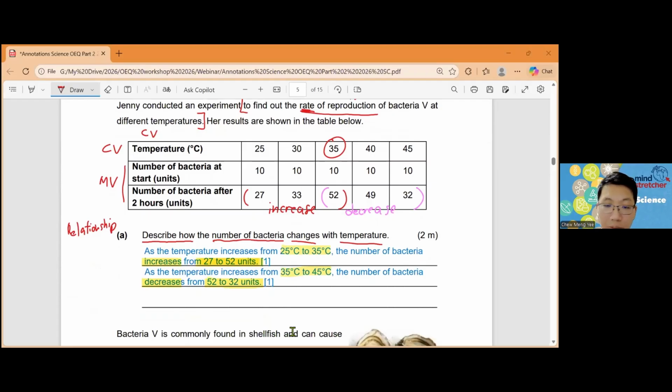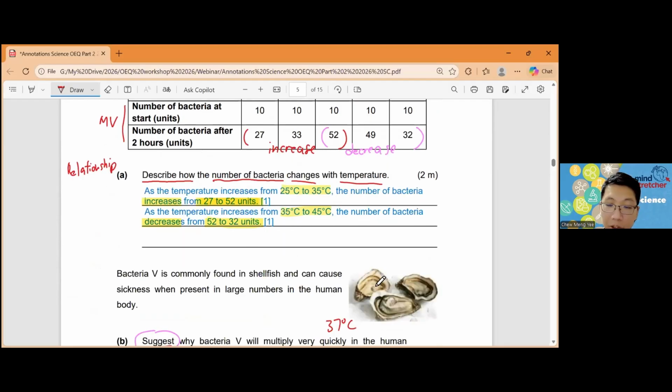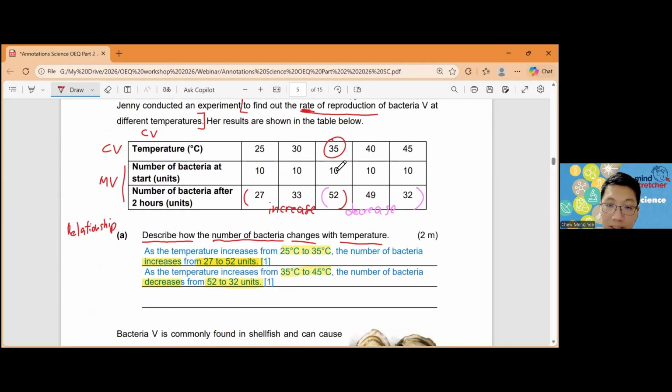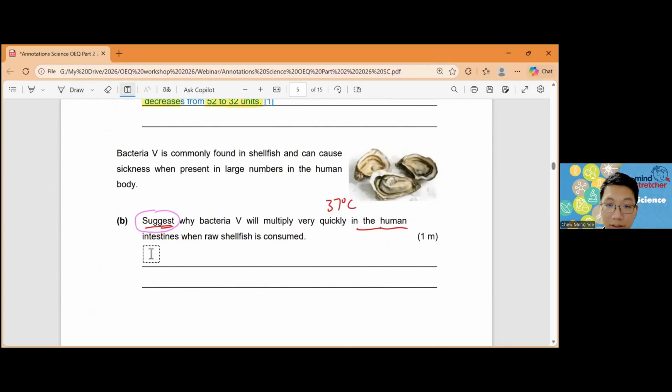So you must mention this 37 and compare it to our data. Otherwise, we cannot answer the question. We must compare it to what is given, 35 degrees Celsius, and that the bacteria multiply very quickly.